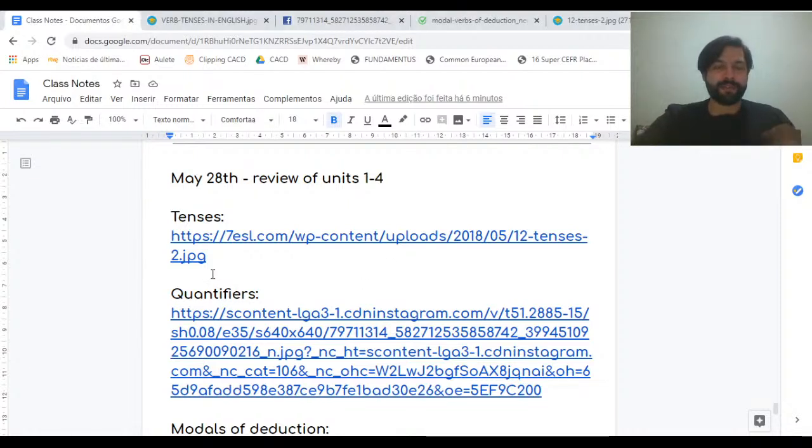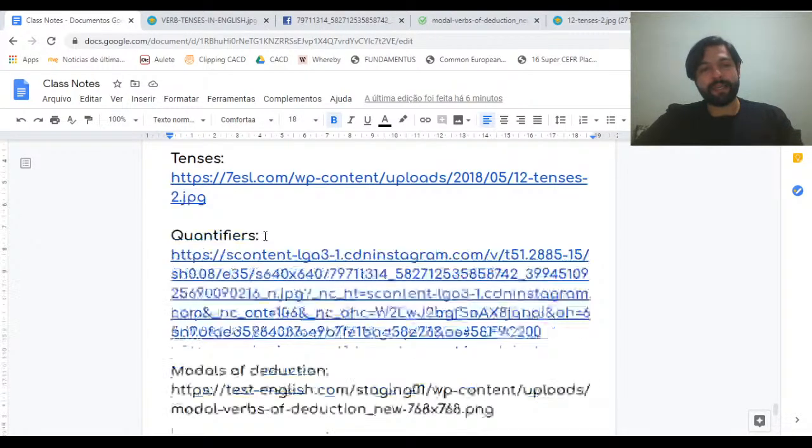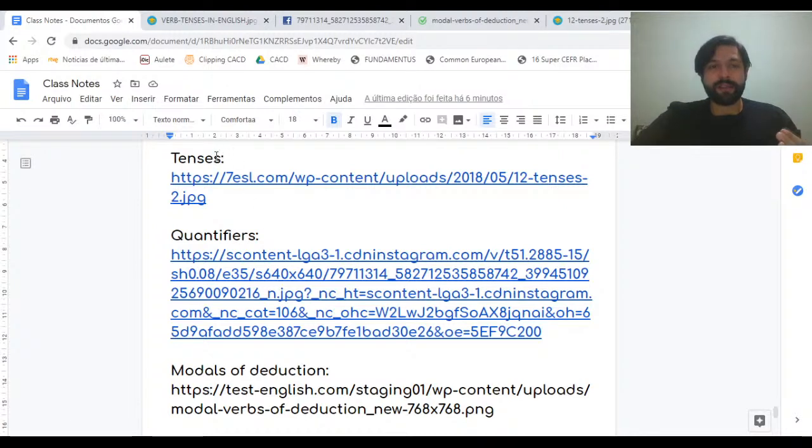As you can see on the screen, this is our file, and I have put the pictures that I'm gonna show here tonight. I put here, basically, the most important things that we should remember: the tenses, because unit 1 covered a general overview of the tenses. The quantifiers, which were more for unit 3.